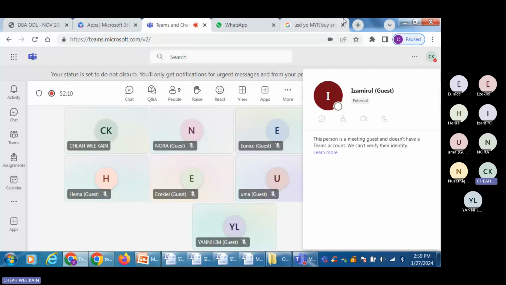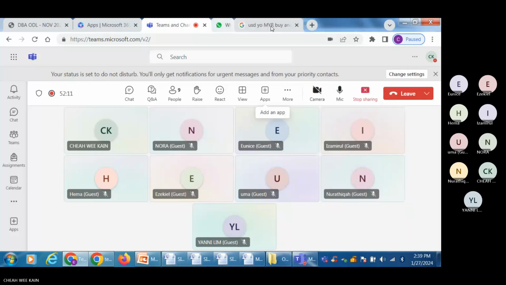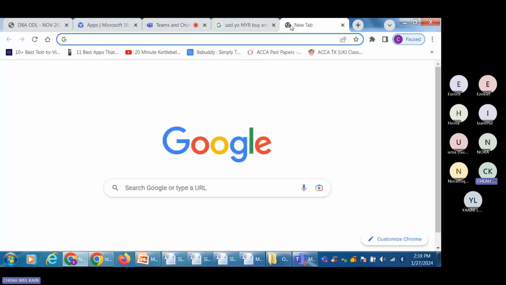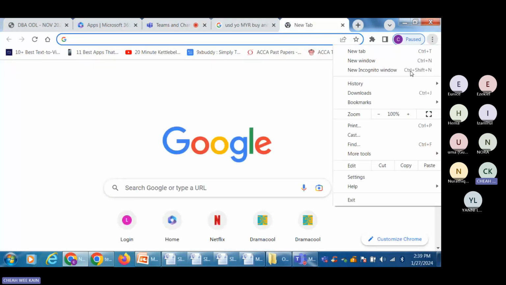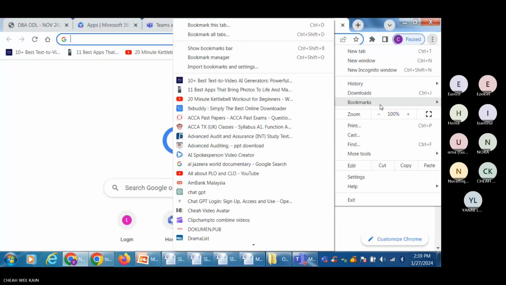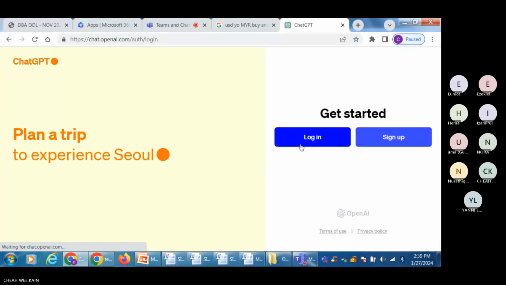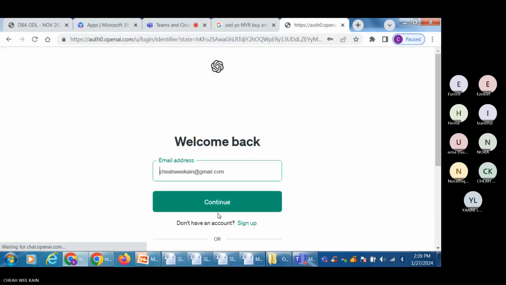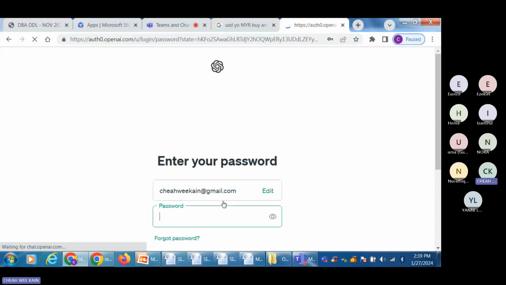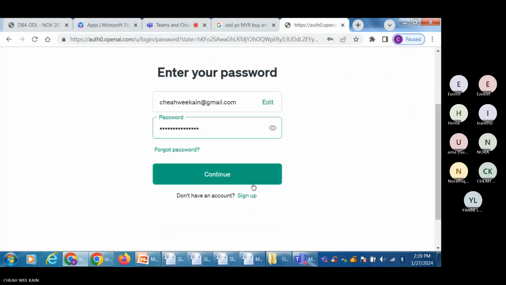Now, if you go to Google, or let's say you go to, do you know how to use ChatGPT? Anybody know how to use ChatGPT? So now I'm on the screen for ChatGPT. You can get your answer in Google. You can also get it in ChatGPT. If you don't have an account, just open an account.